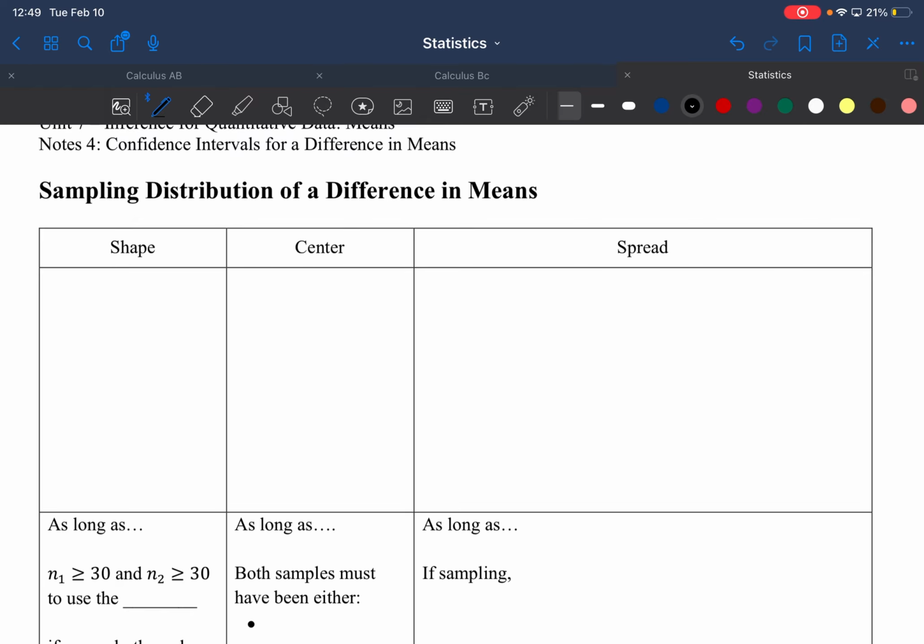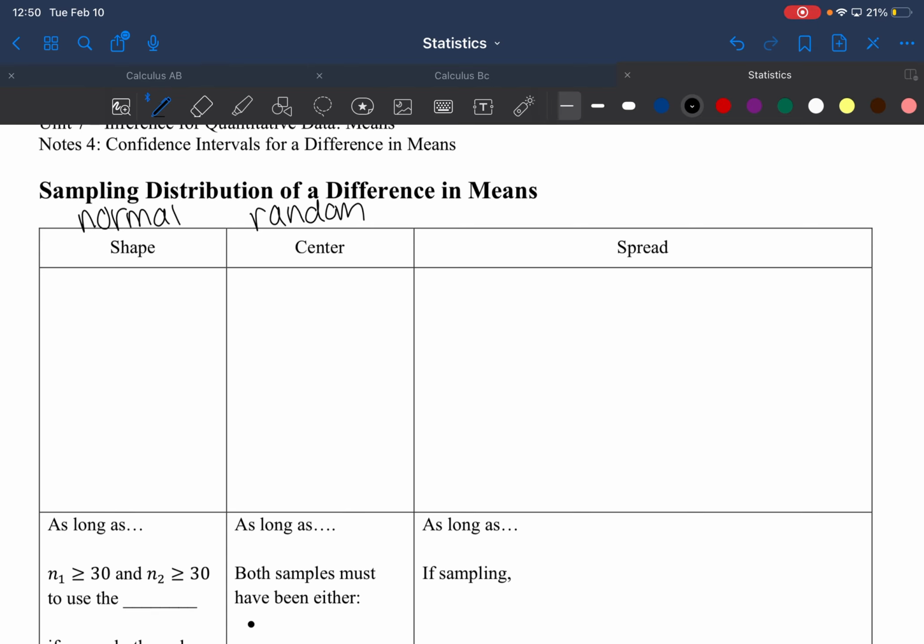Remember, when it talks about shape, center, and spread, it's actually making an inference to our three conditions. So shape is talking about if it's normal. What is center telling us? Not independence. What's the other one? Random.